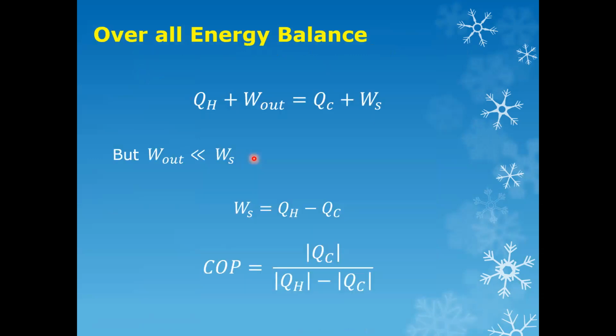So what about its COP? We perform an energy balance, but the work output is significantly smaller compared to the work input. So we assume that this value is negligible.